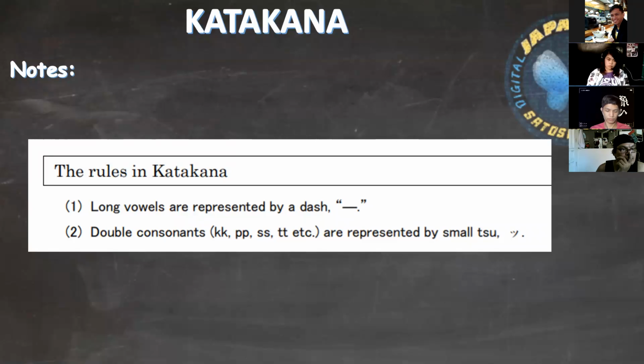Now, let's take a look at our first set of our hiragana. Okay, chotto matte. Let me go here. Okay, let me go here now.